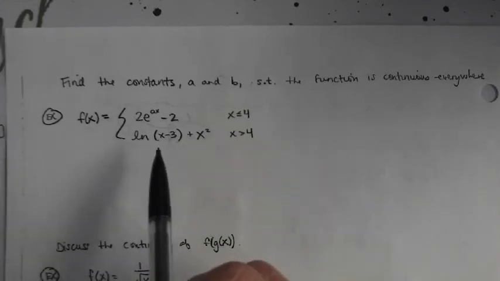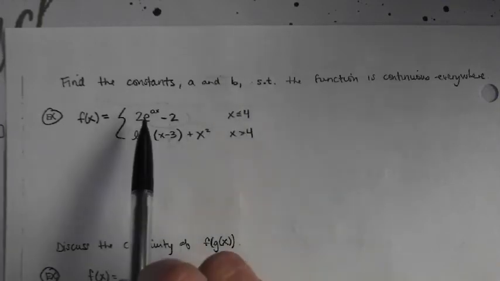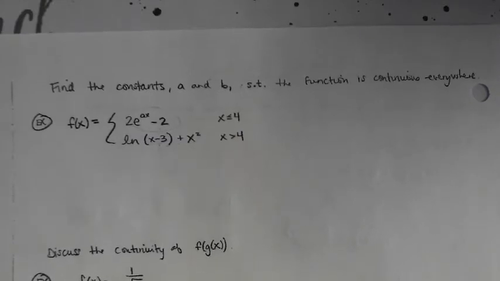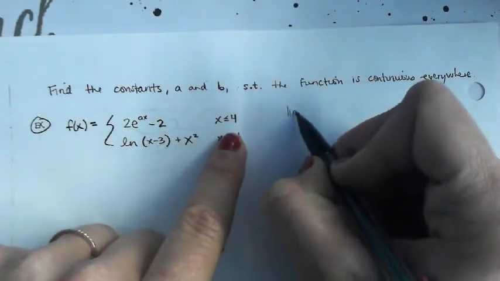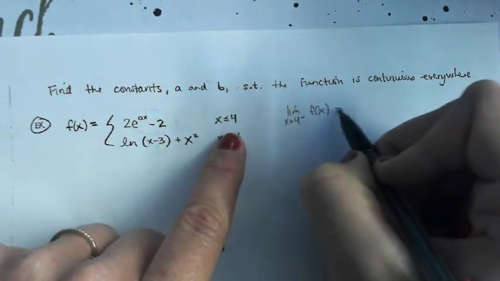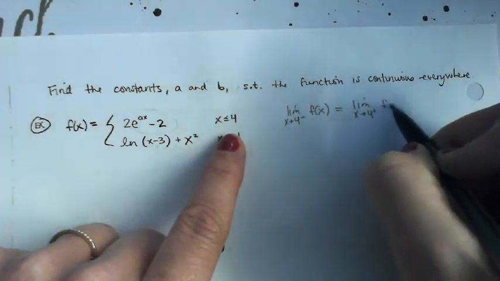So we're fine. The question of interest is what happens at 4, and we want to find the a value that's going to ensure that this will be continuous at 4. So in other words, the limit as we approach 4 from the left has to equal the limit as we approach 4 from the right.